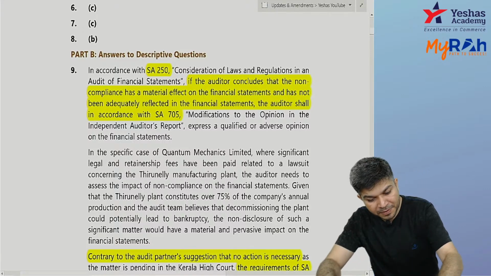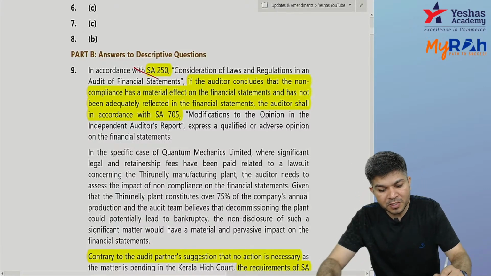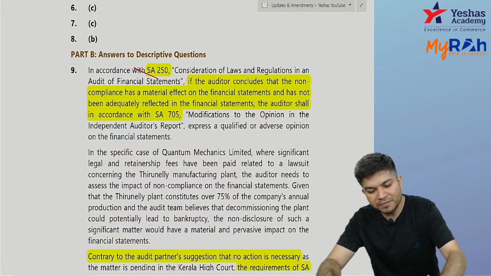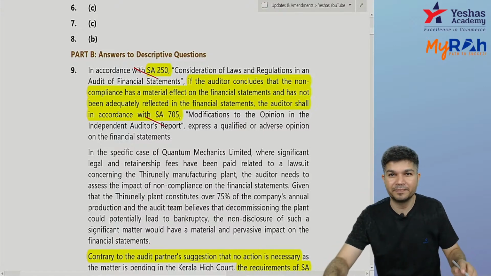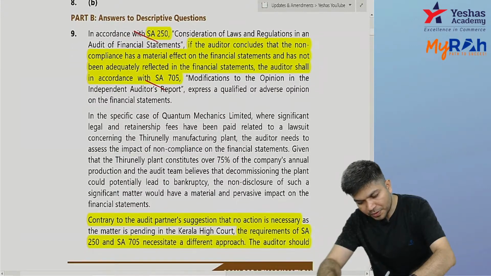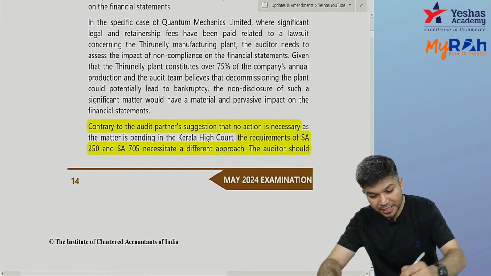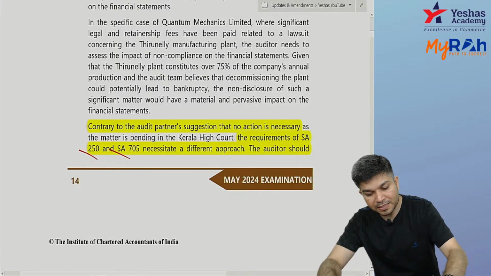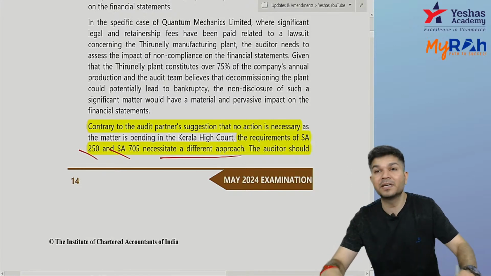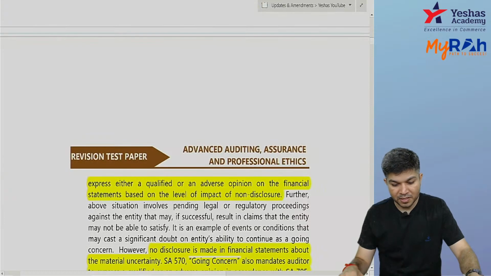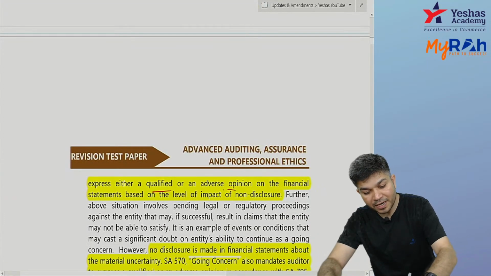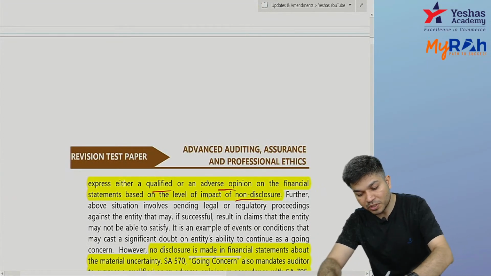So first, as per SA 250, if the auditor concludes that non-compliance has a material effect on the financial statements and it is not reflected properly in the financial statements, you should modify in accordance with SA 705. So over here, the partner is telling nothing to be done as it's pending in High Court. The requirement of SA 250 and 705 necessitates a different approach. The auditor should express a qualified or adverse opinion because the disclosure is not done.